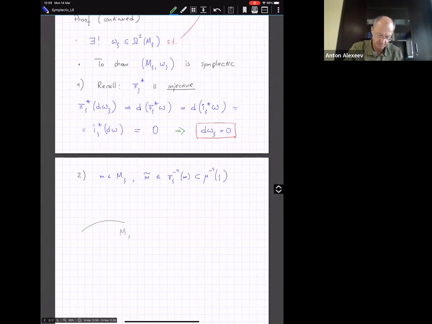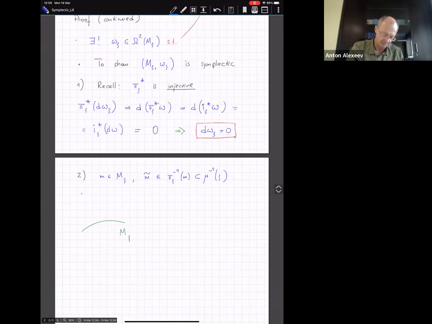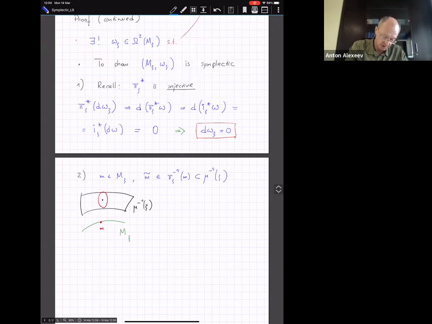So this is M xi, and here over M xi is sitting the fiber, and we have our point m, and that's the fiber of the projection map, and here is some point m tilde. So this is the projection map. So that's the picture.